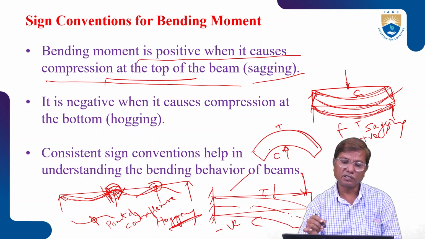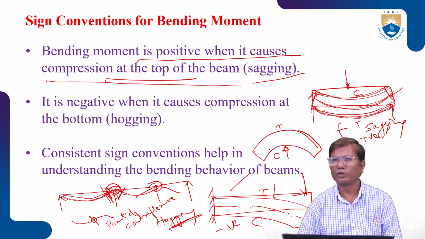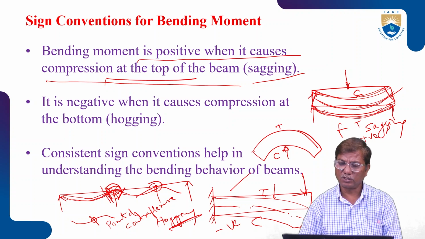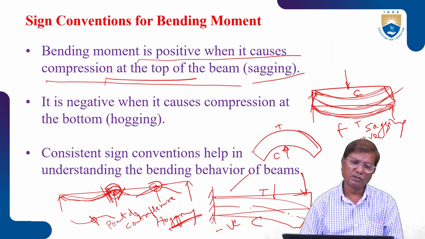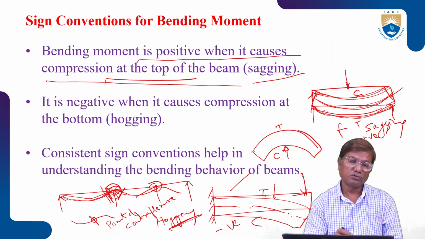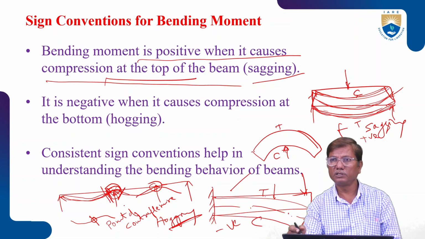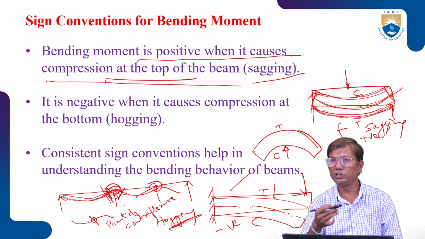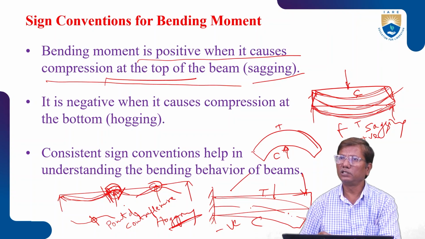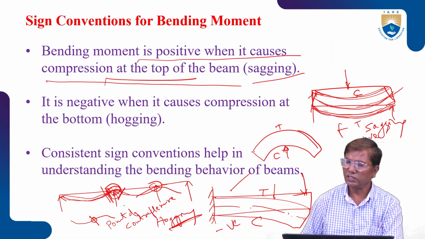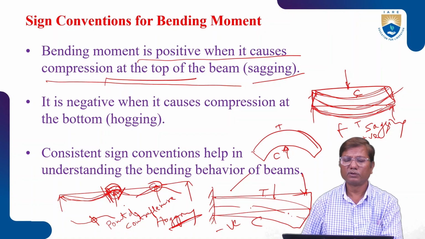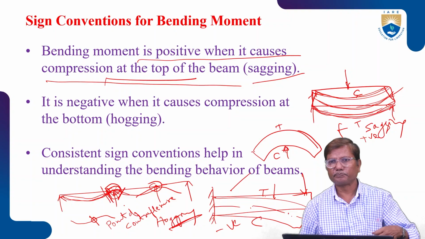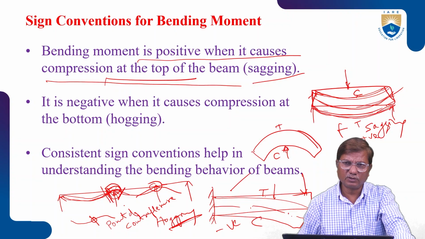Similarly, in case of cantilever, we will have only negative bending moment and no positive bending moment. And in case of continuous beams or simply supported beams with overhanging, we may have negative bending moment also. This clear?